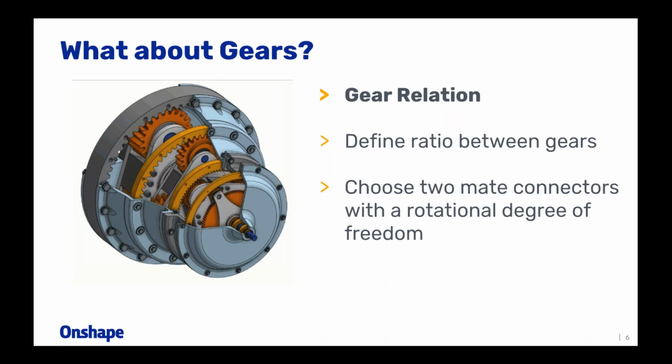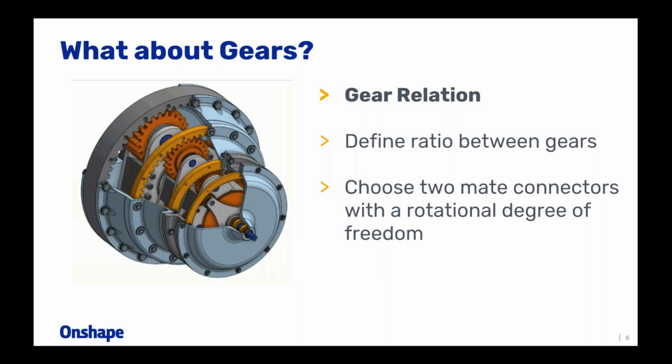I want to start with a simple gear relation. So the question: can you animate gears at the assembly level? And the answer is yes, you're using a gear relation. What we do with a gear relation is we define the ratio between two gears, right? More importantly, we define the ratio between two rotational degrees of freedom.